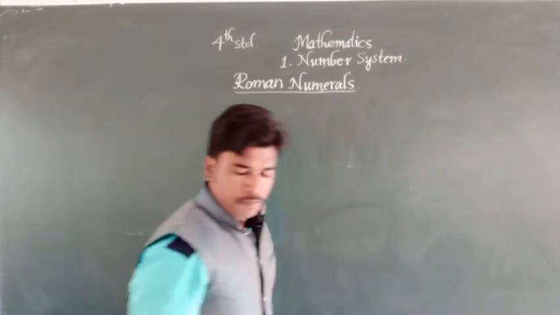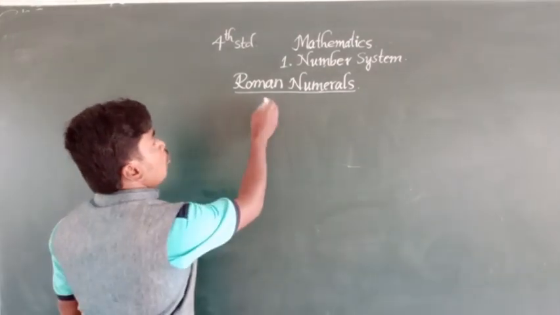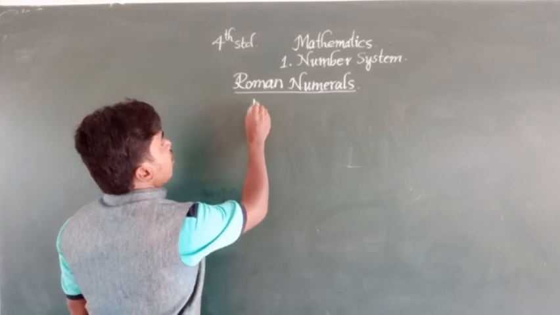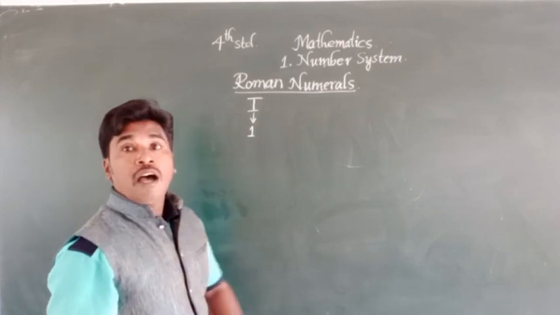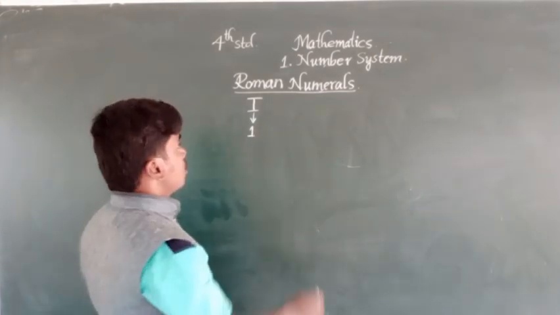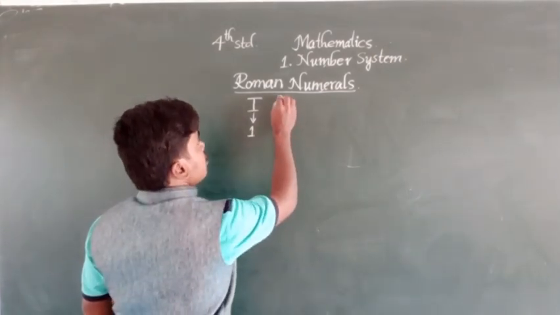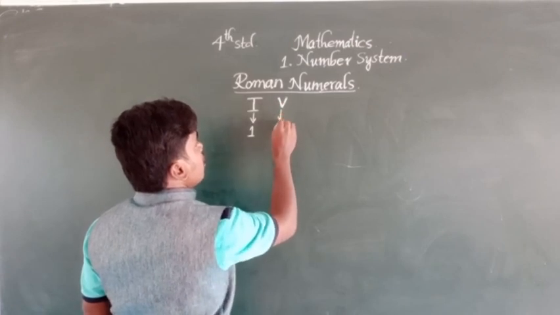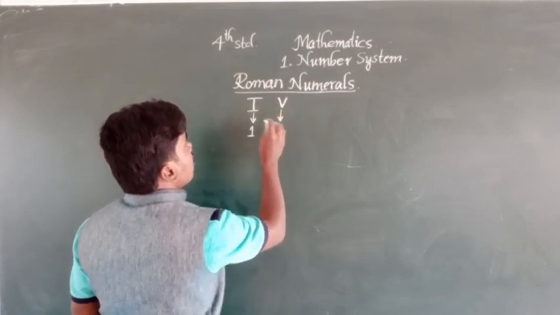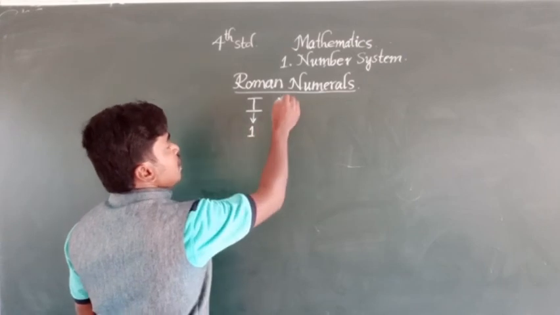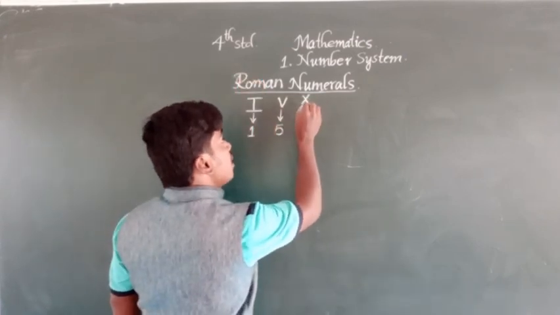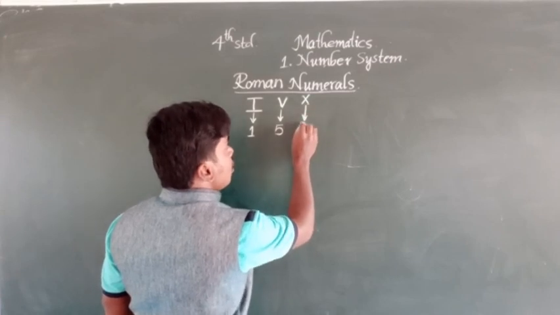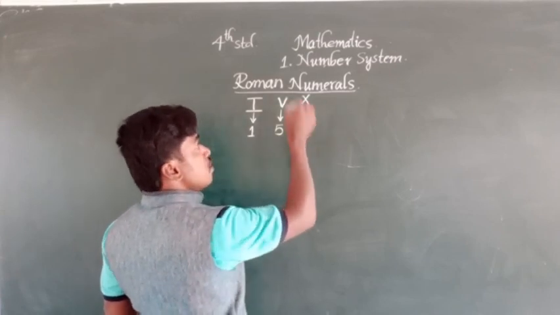Observe here, children. In the Roman numerals, the letter I indicates 1. I means 1. Capital V indicates 5. I indicates 1, whereas V indicates 5. Then X indicates 10. X means 10.